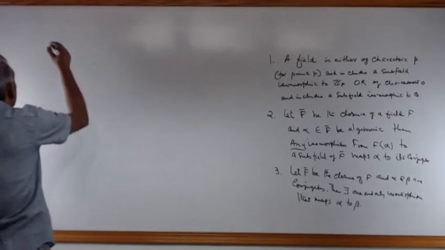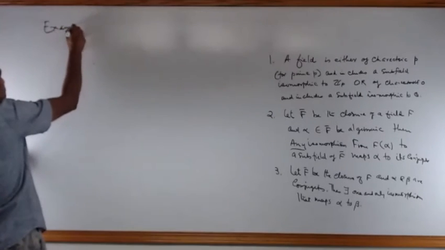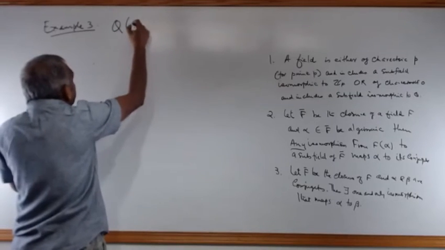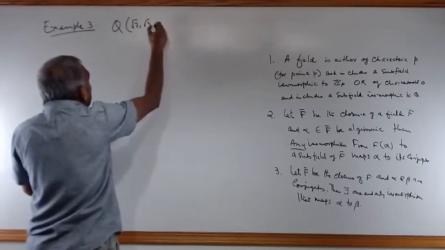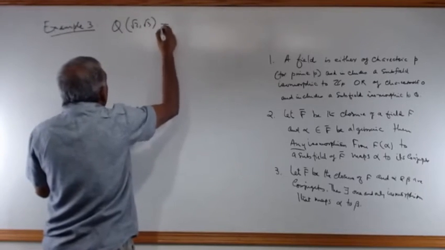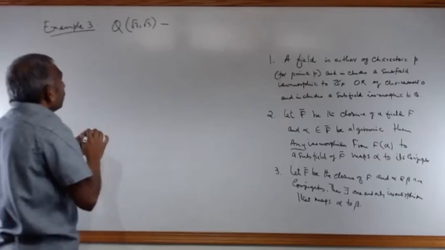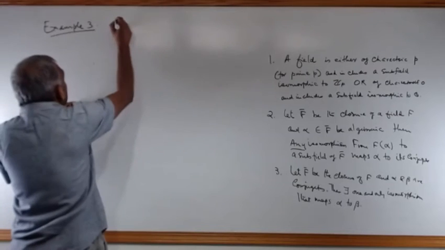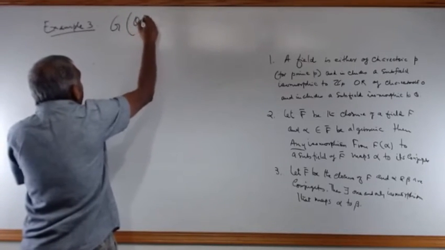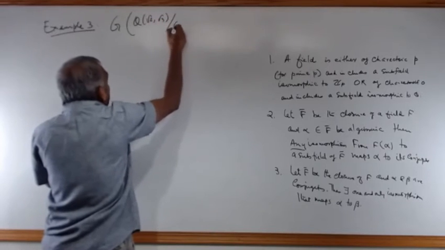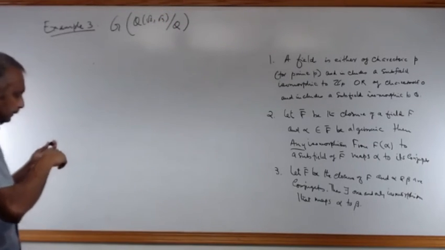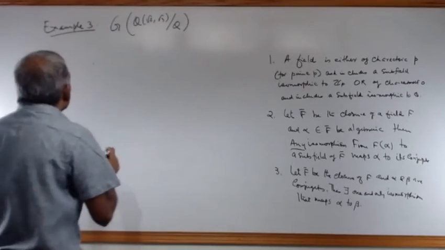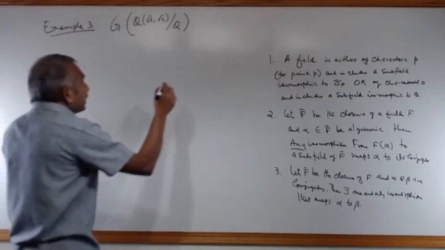Now let us consider one more example. Let us take Q of root 2 comma root 3. Let us try to find out the group of Q of root 2 comma root 3 over Q. So here also it is like this.